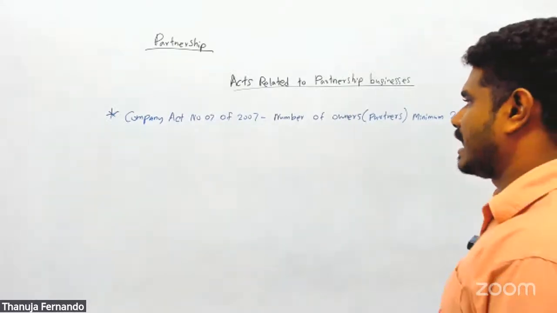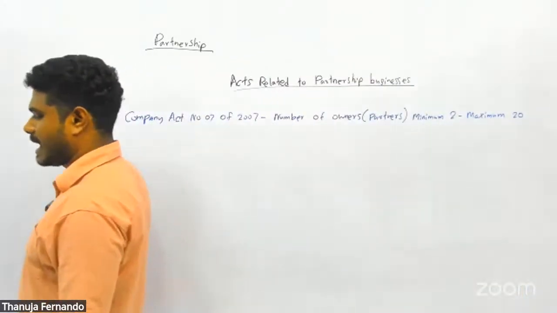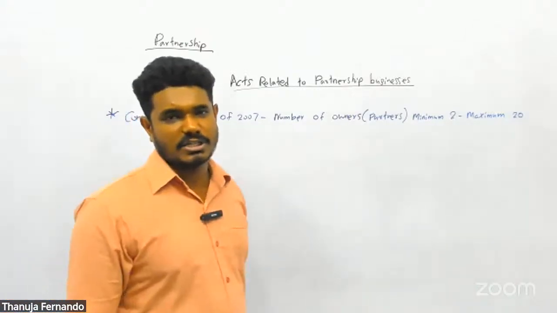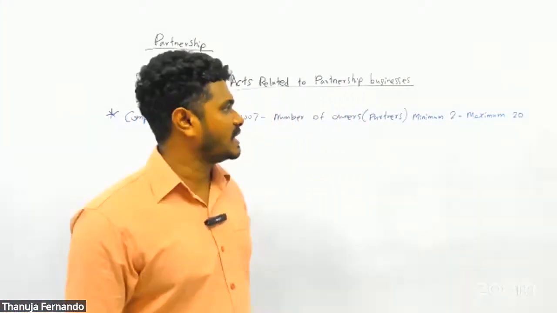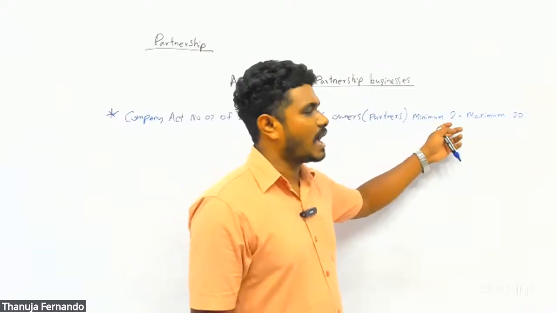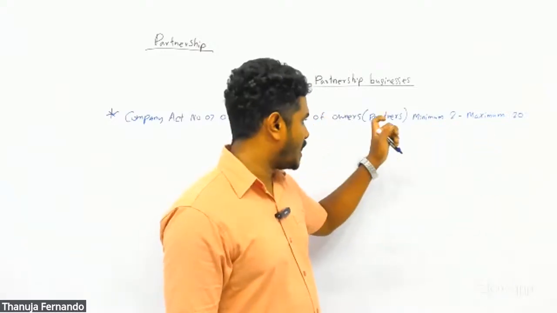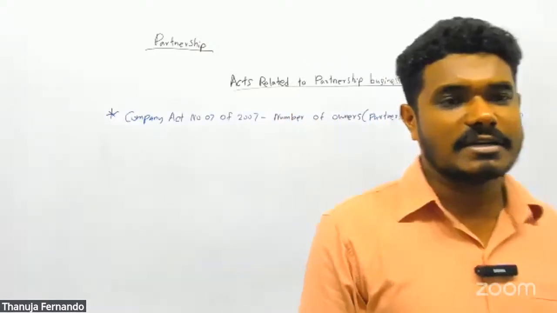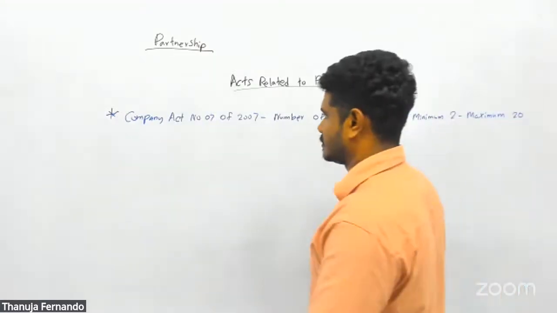In this act, act number 7 of 2007, they have clearly mentioned that as a partnership business, there must be a minimum of 2 and a maximum of 20 owners. Owners means partners in a partnership business. This is the first act.